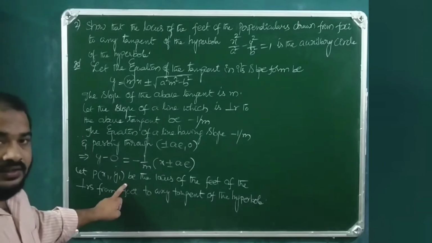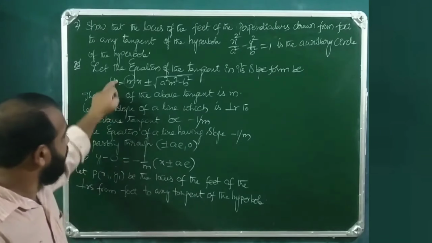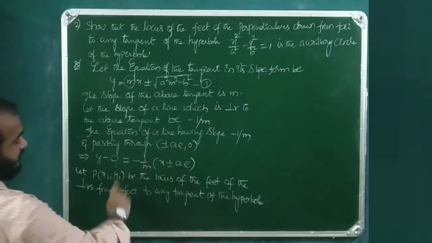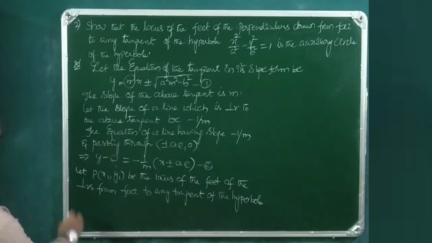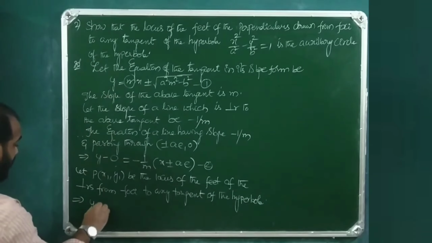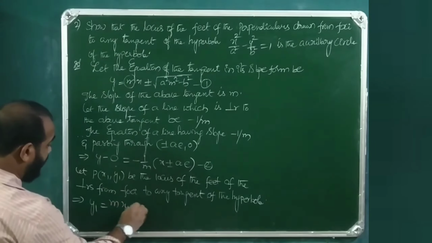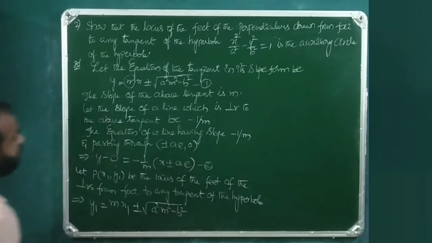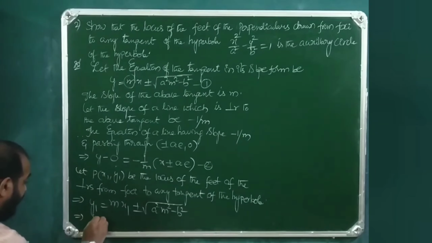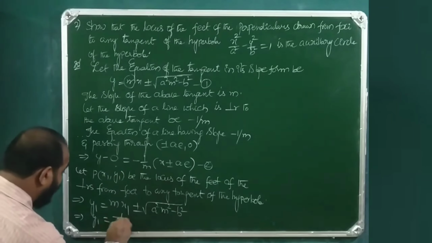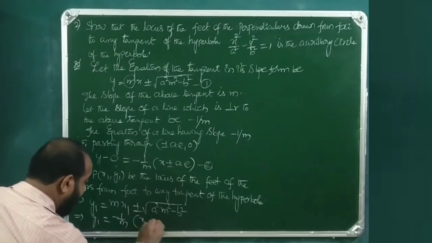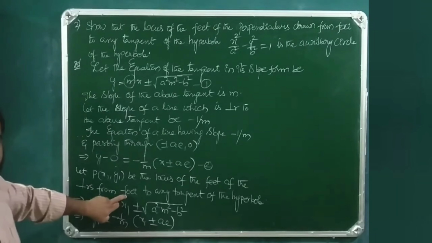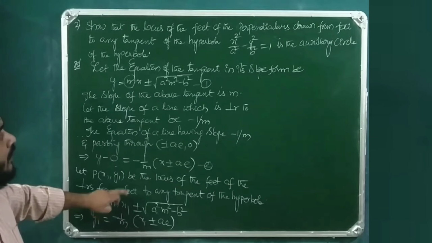Since P(x1, y1) is the point of intersection of both this line and this line, that means y1 = mx1 ± √(a²m² − b²), and y1 = −1/m (x1 ± ae), because these two lines are passing through the point of intersection P(x1, y1).